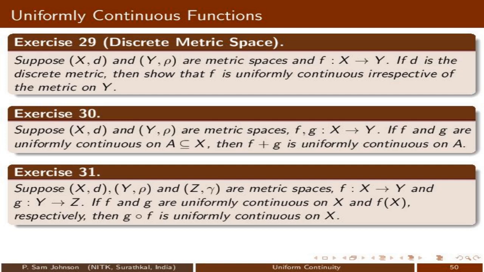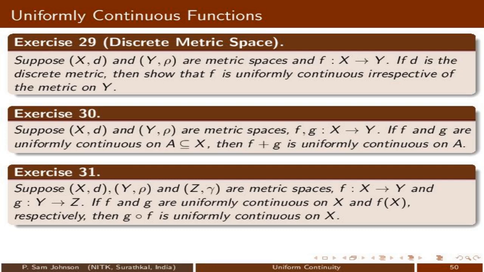And there is another simple exercise. What about the sum of uniformly continuous functions? Suppose there are two functions uniformly continuous on some subsets A and B, then the sum f plus g is uniformly continuous on the common domain.